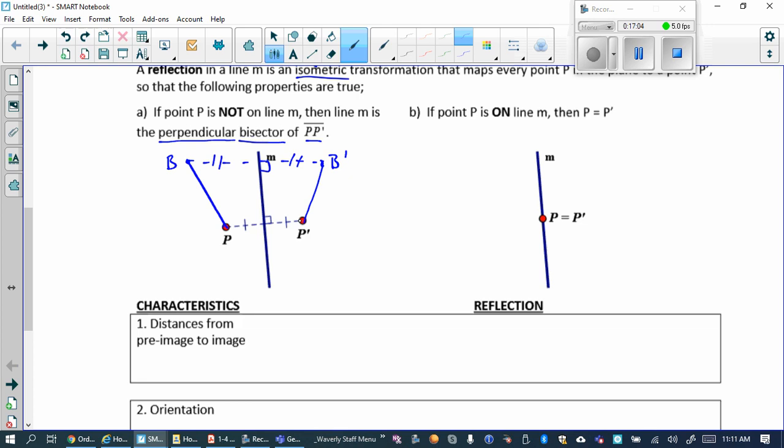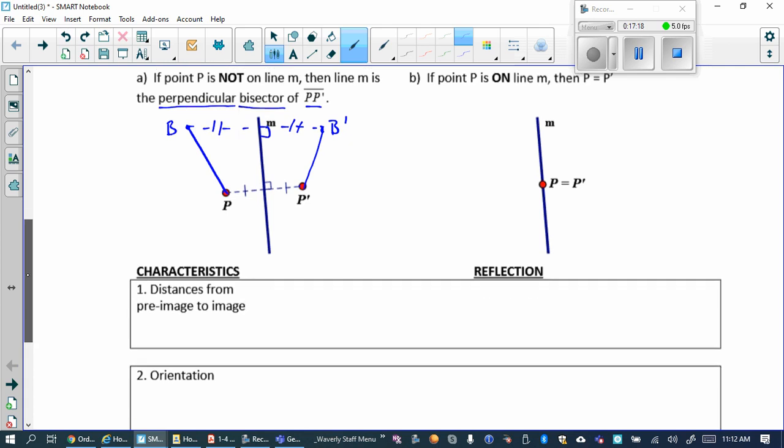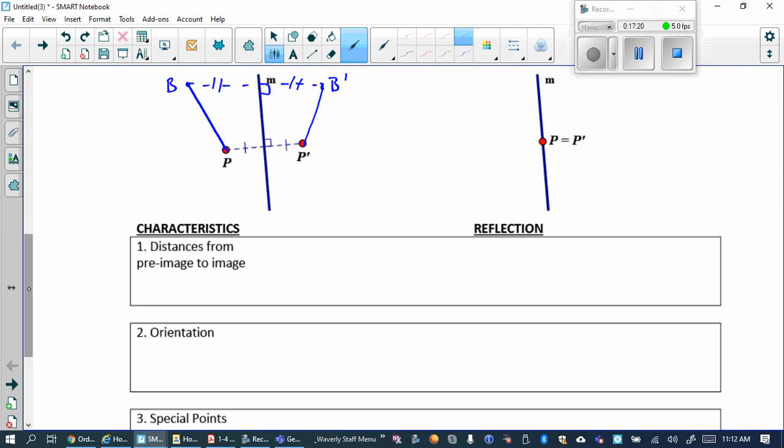What could you say about it? So that means the whole distance is what compared to the original distance from the line? Twice. So it's twice the distance to the line.